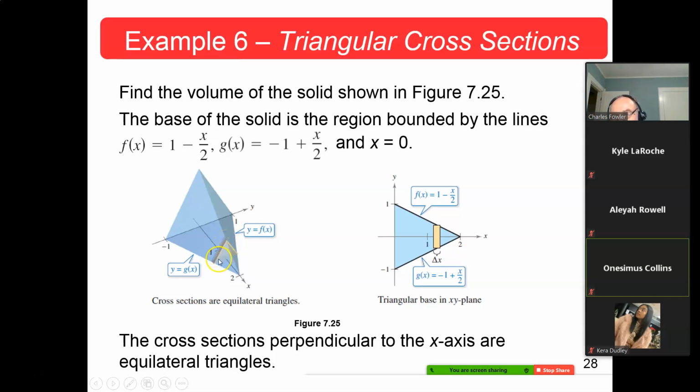Because this is a 60-degree angle here, and the height here, well, let's do it this way. 2 squared minus 1 squared would be 3, and the height here would be square root of 3 over 2. That's what the height of that triangle is.